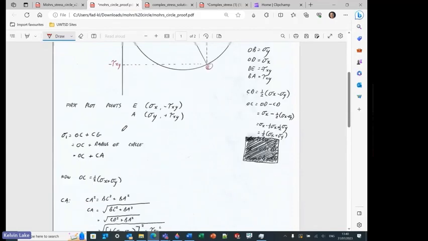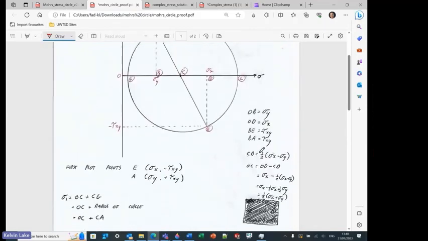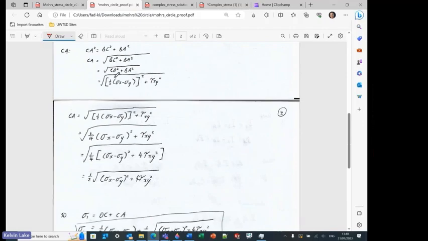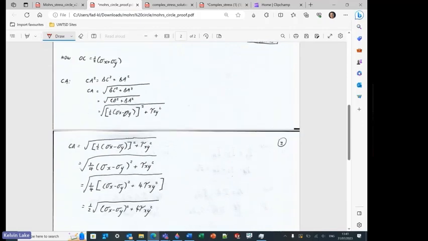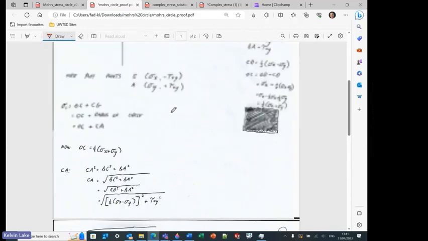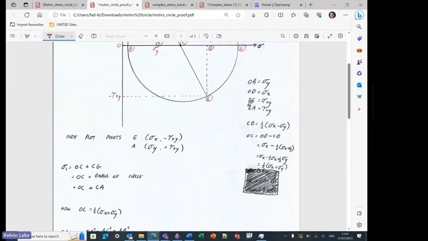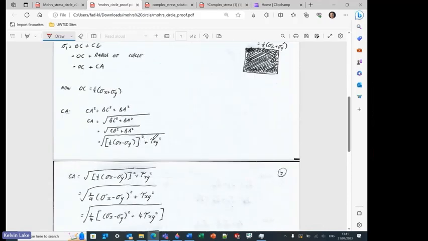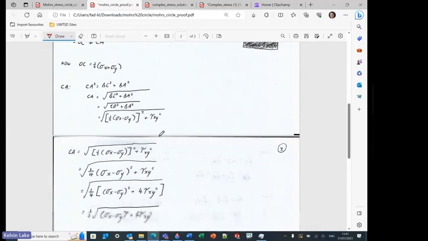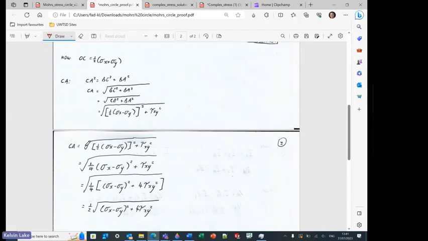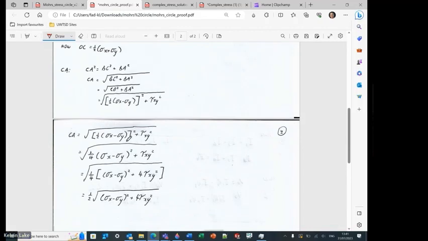Now, CD, we've already calculated up here, was a half sigma x minus sigma y. So that's a half sigma x minus sigma y squared plus BA squared. BA squared, well, BA was tau xy. So we've got tau xy squared. So CA is the square root of that lot. That's what we've just shown there.